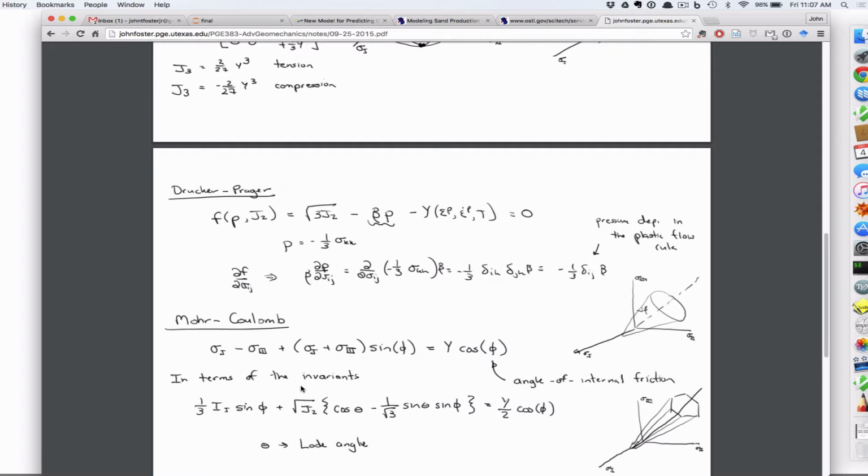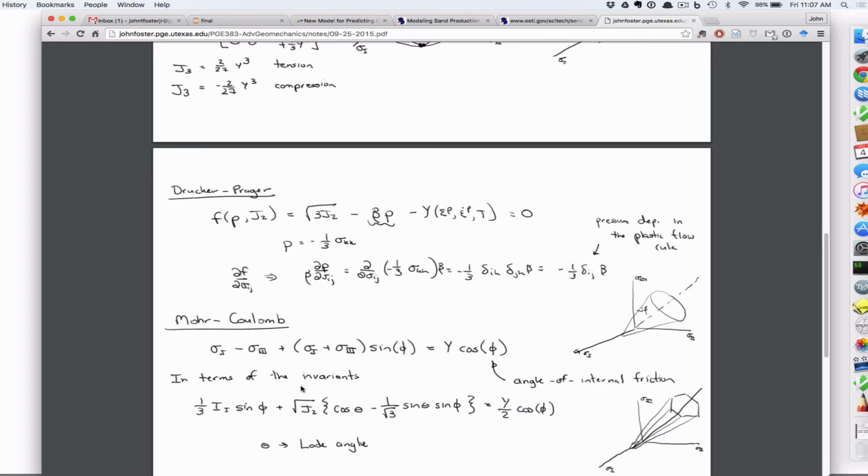I also, if you go back and watch the video, what I was doing in this line right here was explaining that now our flow rule includes this term, partial f, so this is the yield function. Partial yield function with respect to sigma j, and this arrow doesn't mean it's equal.